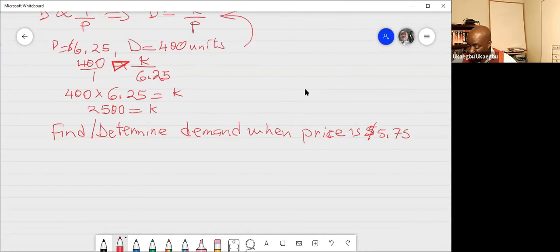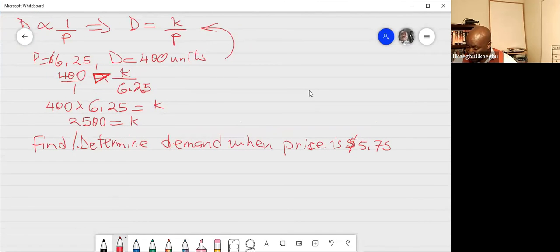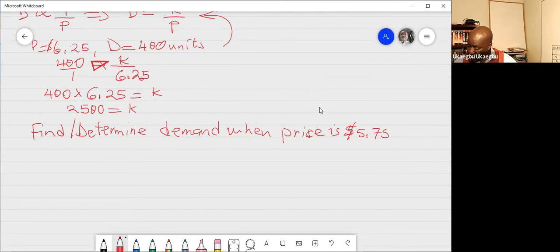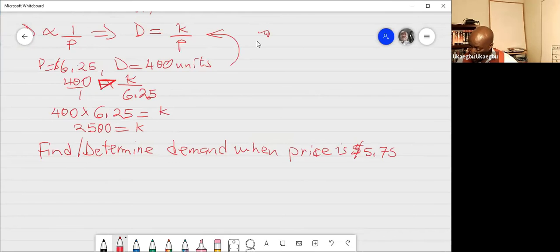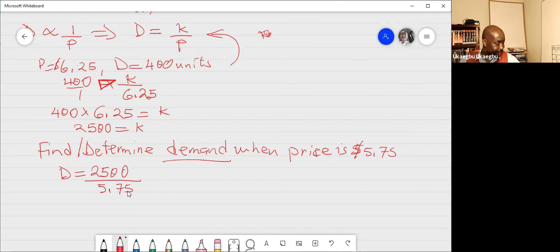In that case, all we need to do is come back to our equation, and it says approximate demand. So demand is K, which is 2,500, divided by the price, 5.75. Quickly divide that and let us know. 2,500 divided by 5.75 is?